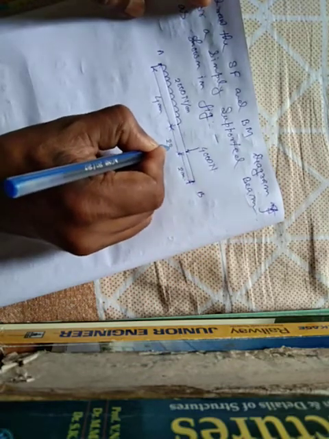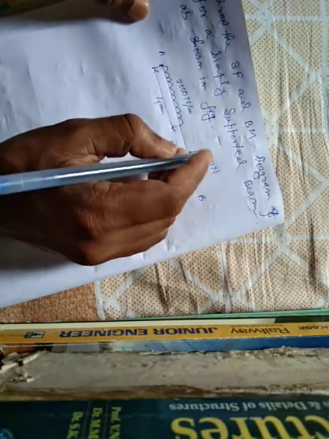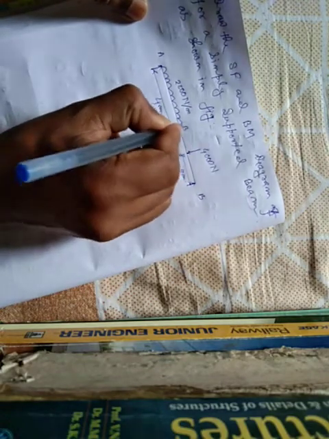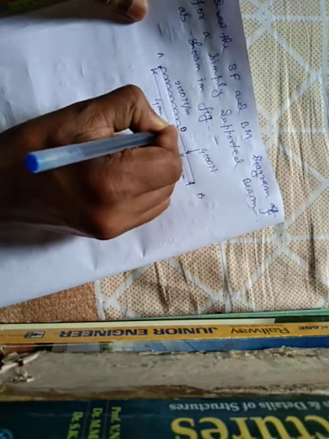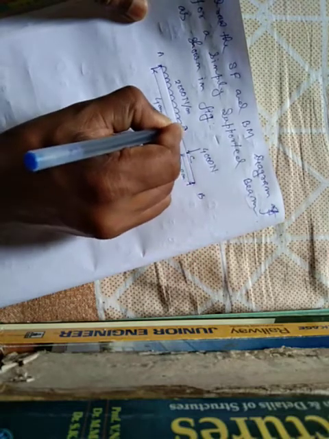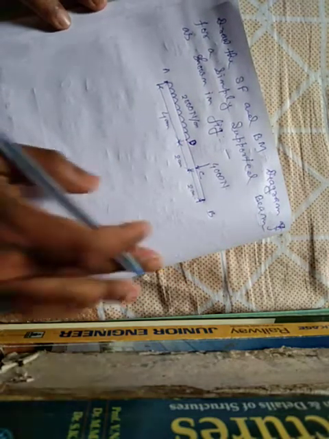Total span of the beam is 8 meter. Let this point be D and this be point C. Now draw the shear force and bending moment diagram for this beam.